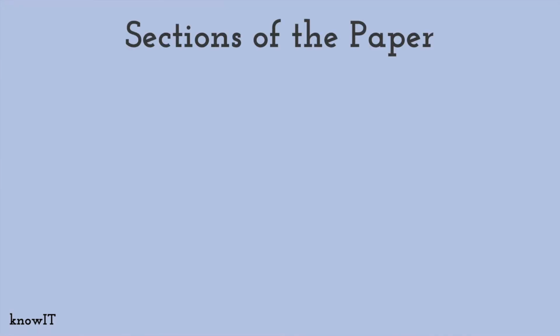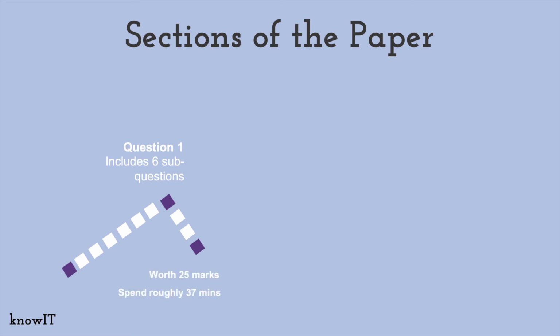Let's move on to the sections of the paper. Actually, there aren't really any sections, but I wanted to go on with the same title. There are actually 2 questions. Question 1 includes 6 sub-questions within it. It might sound like quite less, but it's not. These 6 sub-questions do have sub-parts to them as well, and they tend to be long-winded sometimes, and they include a lot of theory as well. In total, they consist of 25 marks, and you should spend roughly 37 minutes on question 1.